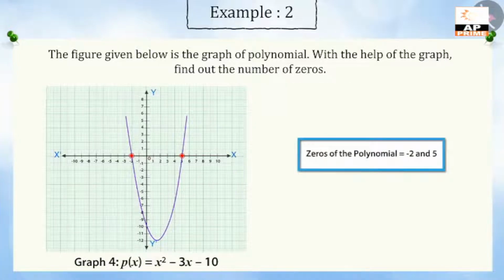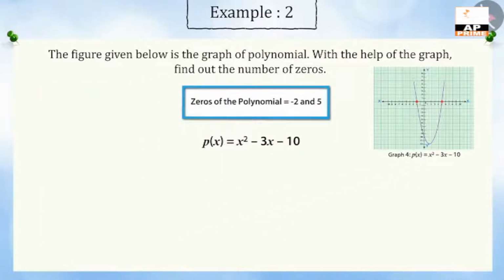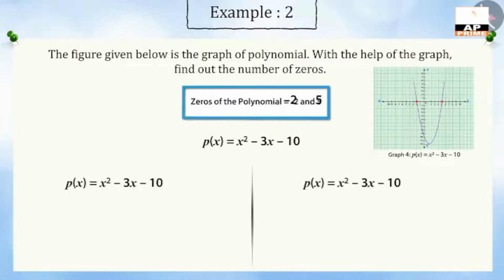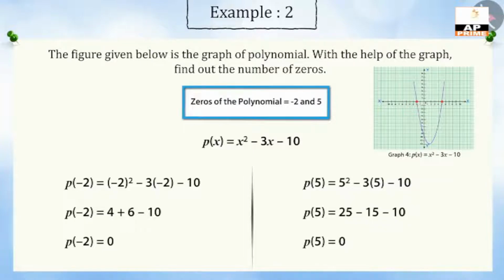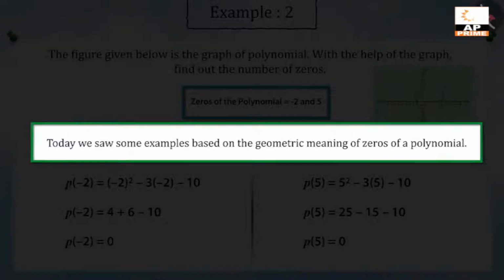Hence, there will be 2 zeros of this polynomial, -2 and 5. You can verify the result by replacing the zeros in the polynomial. In today's video, we studied how to find the number of zeros of a polynomial using its graph.